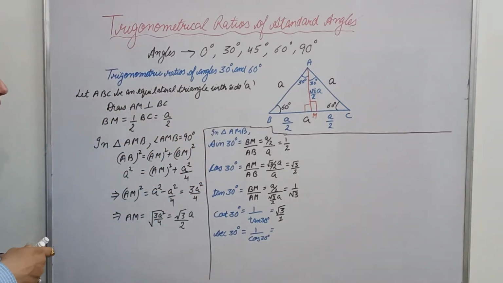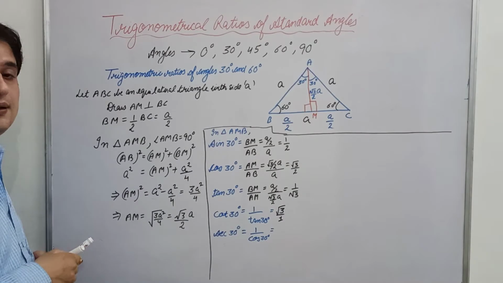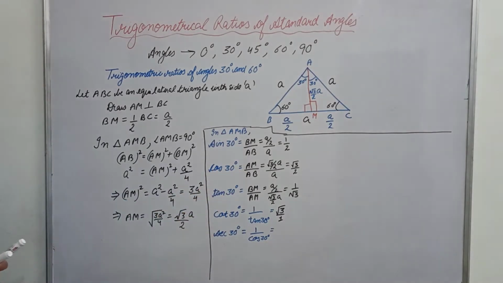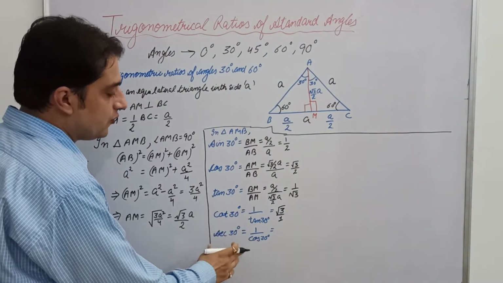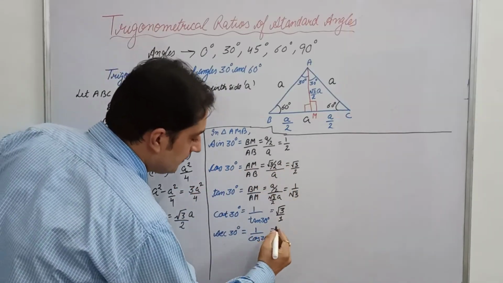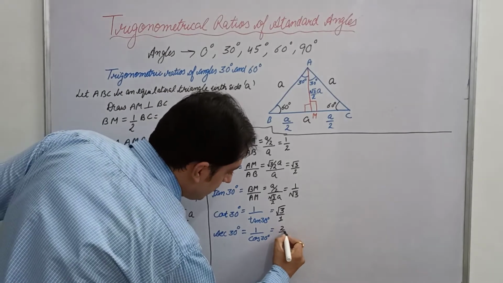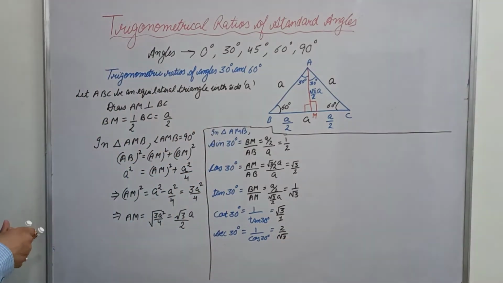So the value of cos 30 degree is base by hypotenuse, right? And the value of secant 30 degree is hypotenuse by base, the reciprocal of cos 30 degree. So the value is under root 3 by 2, so it will become 2 by root 3. So this is the value of secant 30 degree.